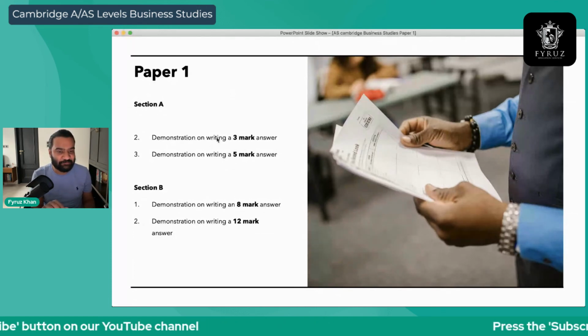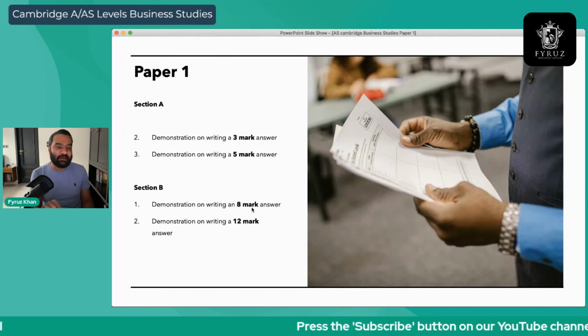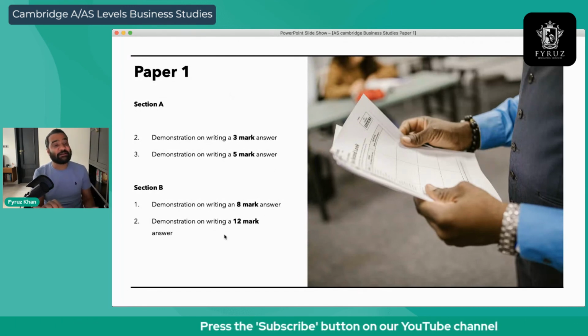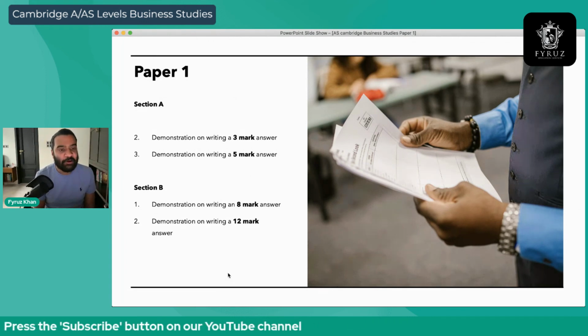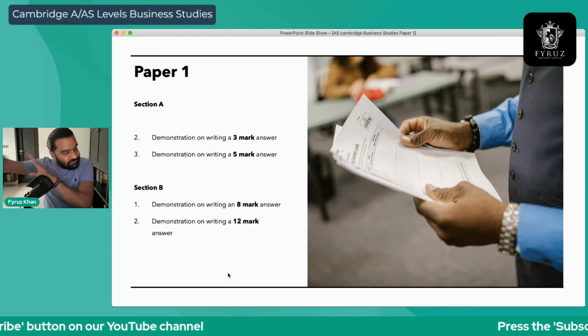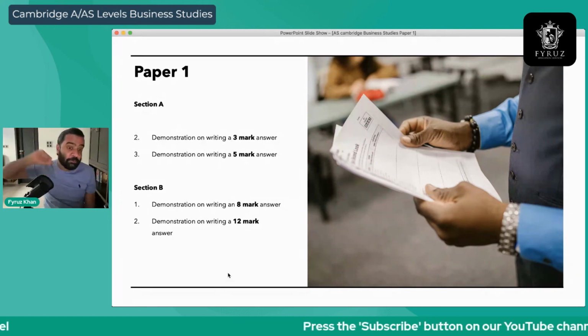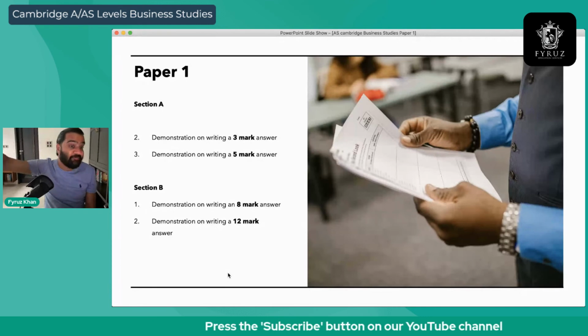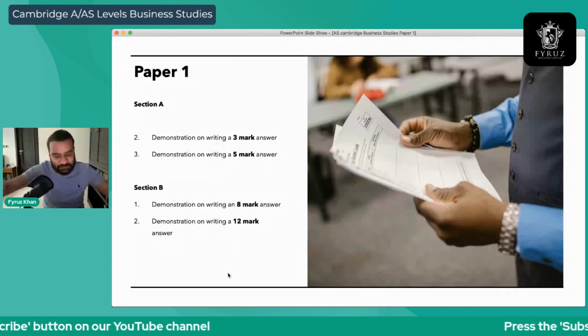And then there was a demonstration on writing an 8 mark answer, a 12 mark answer, and a 20 mark answer. Again, there's a mistake. I need to correct this. So you know how to write a 2 mark answer, a 3 mark answer, a 5 mark answer, an 8 mark answer, 12, and a 20 mark answer. This is great. Now you can do paper two. You can do paper three as well.